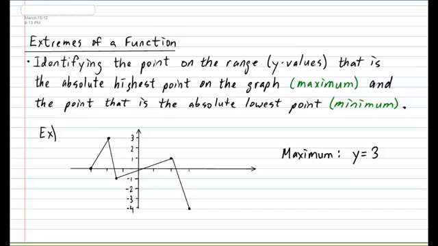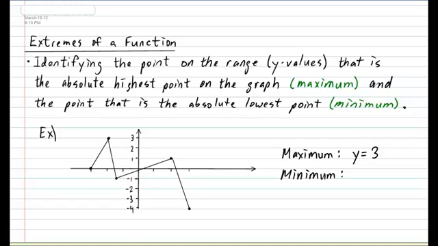Now let's take a look at where the minimum occurs. So again, on the right hand side, please put down minimum. So to identify the minimum, we are looking for which point on the y-axis represents the absolute lowest point on this graph. And again, in a blue color, I'm going to circle where that point is.